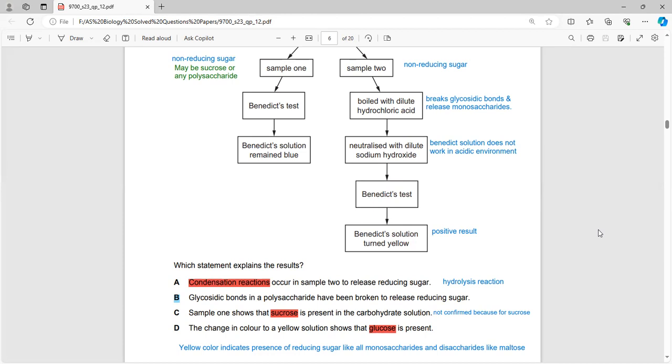In the same way, pentose sugars also give a result with Benedict's solution. So it's not confirmed that this is glucose. It may be any other monosaccharide, maybe maltose. So that's why this is a wrong option. Our correct option is B.